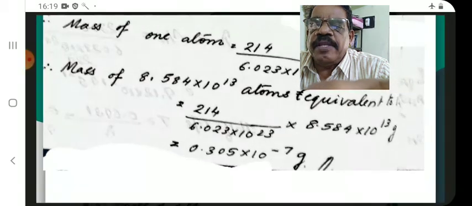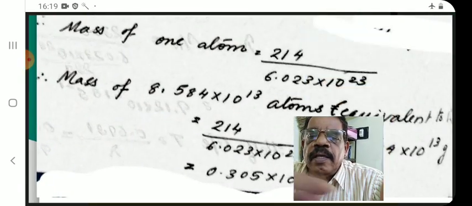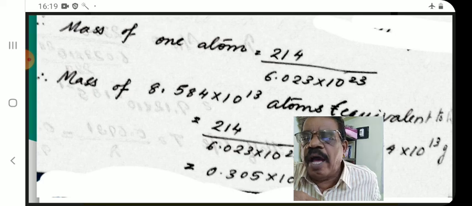Therefore, mass of one atom is 214 by 6.023 into 10 raised to 23 gram.